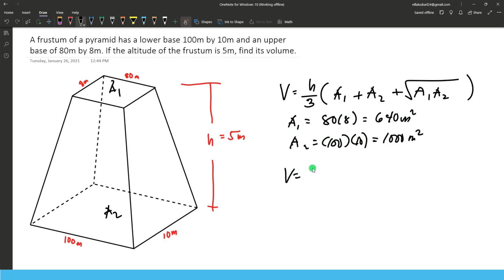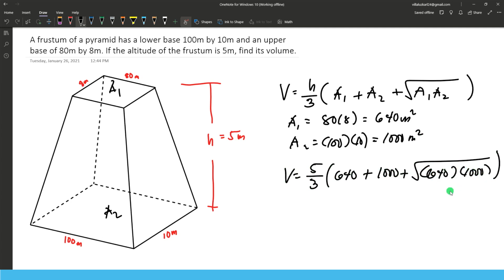So substitute 5 over 3 times 640 plus 1000 plus the square root of 640 times 1000. Okay, so the volume is 4066.667 cubic meters.